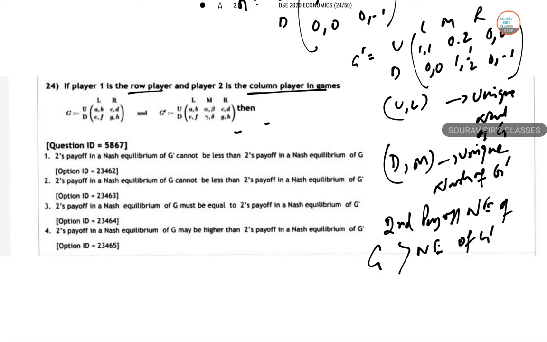As a result, we can easily construct an example where player 2's payoff in G is higher. Therefore, the second player's payoff in the Nash of G may be higher, or in the Nash of G dash may be higher.